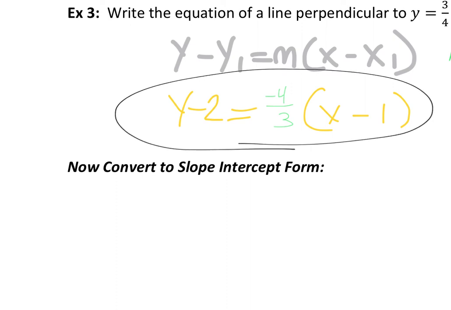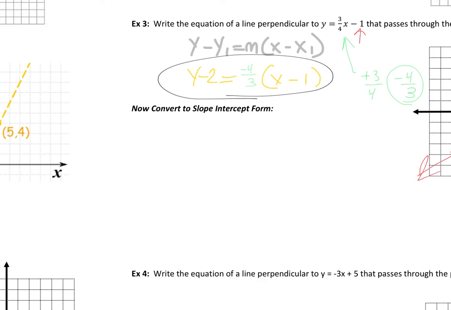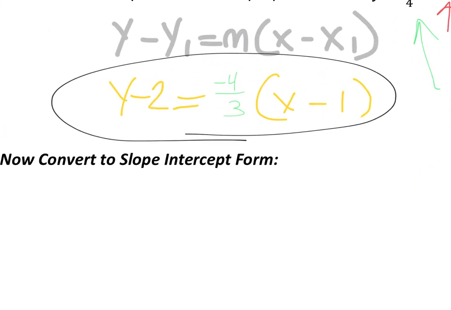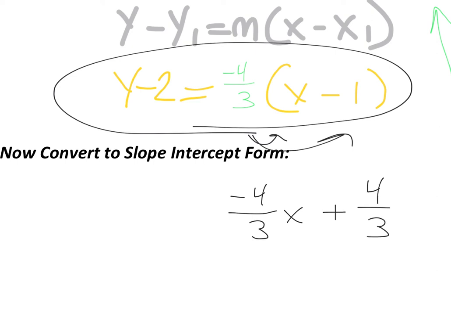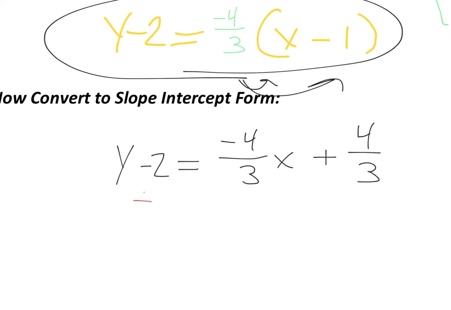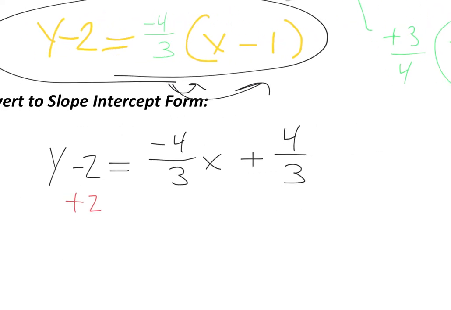If I wanted it in y equals mx plus b form, we would need to distribute and solve for y. So if I distribute here, we get negative 4/3 x plus 4/3. Now to solve for y, I'll add 2 to both sides.